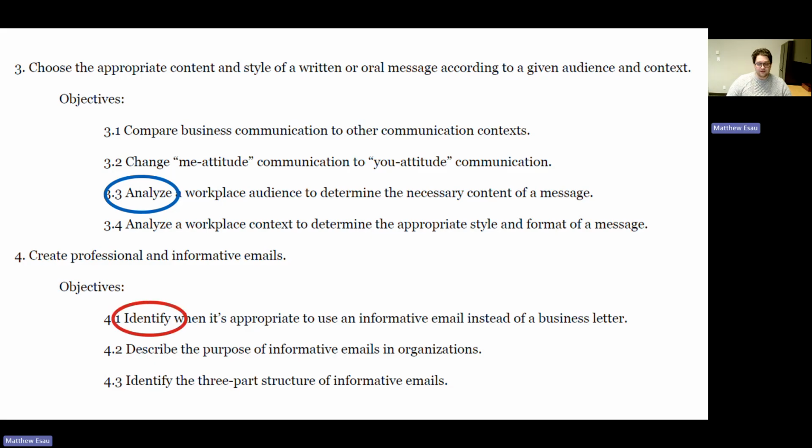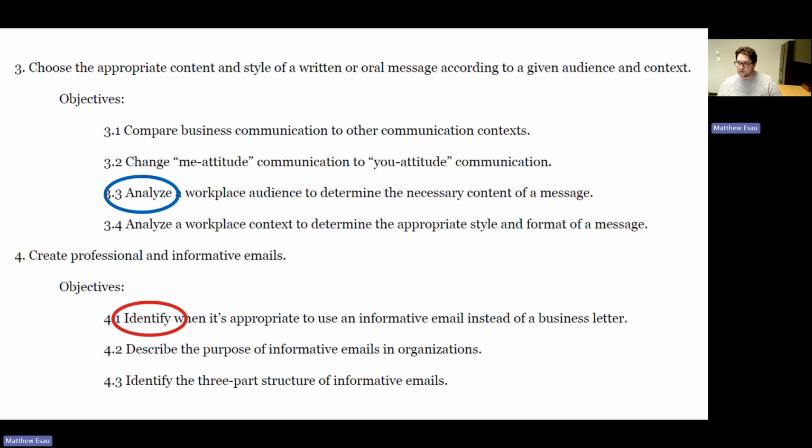Whereas if it's something like identify or describe or list, it might be at a little bit more general level. You might not need to know as many details about it. In this example, if you're doing an assignment about using different modes of business communication, in the 4.1 example, you need to be able to identify when it's appropriate.